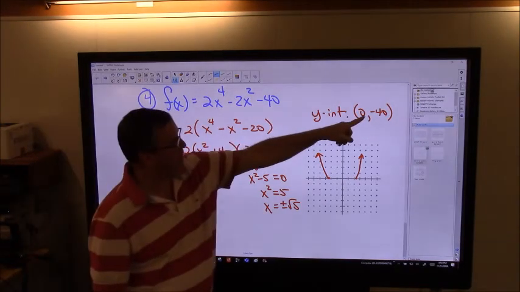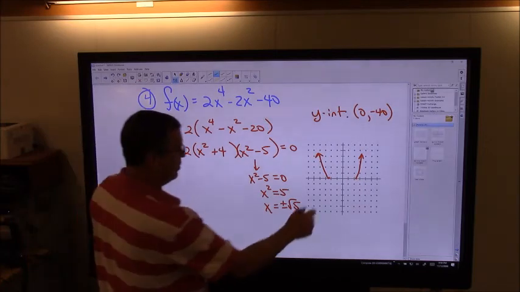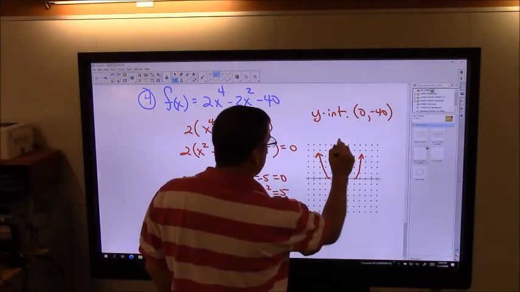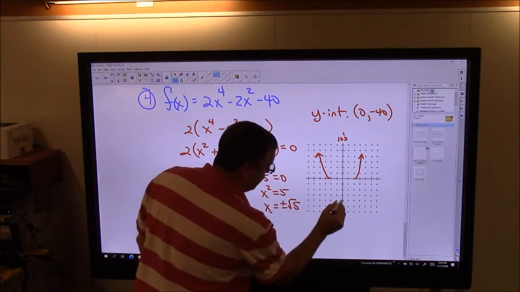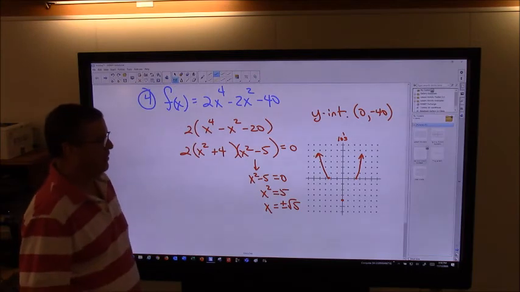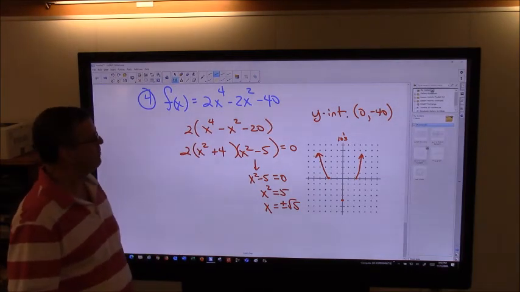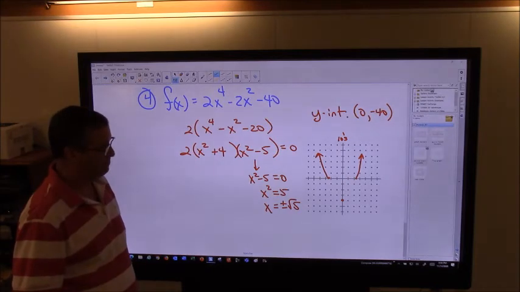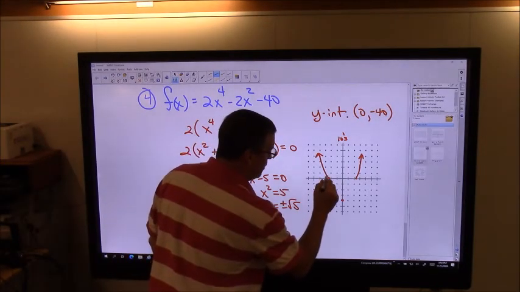I also know my y-intercept is at negative 40. So if I count by tens, 10, 20, 30, 40, I know I've got to hit this point. So what does everything else look like in this graph? I don't know. It could do something like this.